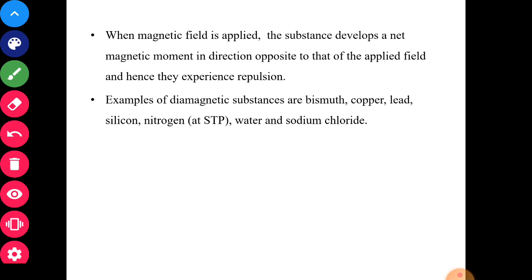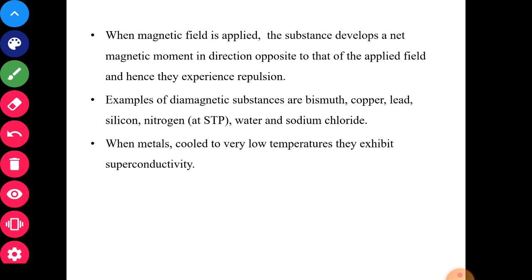Examples of diamagnetic substances you should remember, as MCQs can be asked: bismuth, copper, lead, silicon, nitrogen at STP, water and sodium chloride.